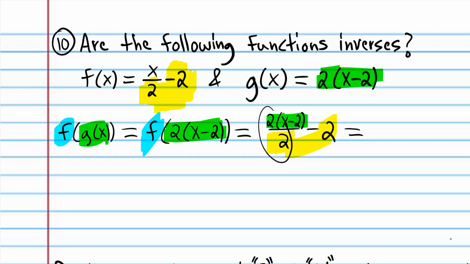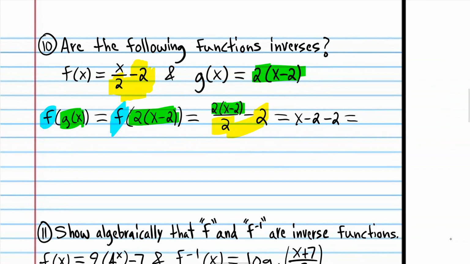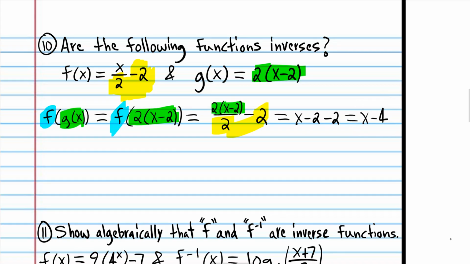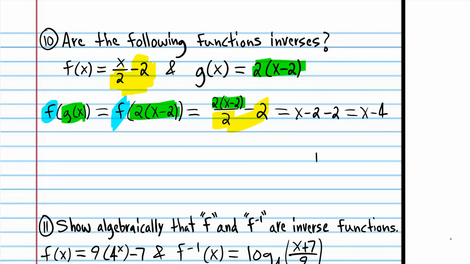So now these 2's cancel out, and we're left with x minus 2 minus 2. And if we simplify, we get x minus 4. So these are not inverse functions. So we can just say no. If it were an inverse function, then we would just end up with x, not x minus 4.